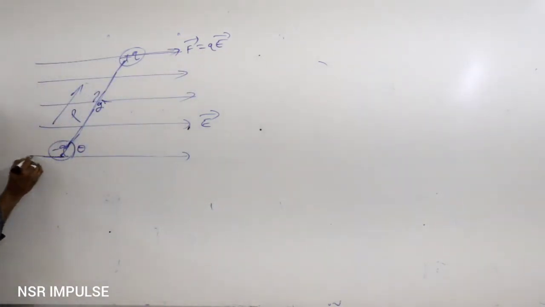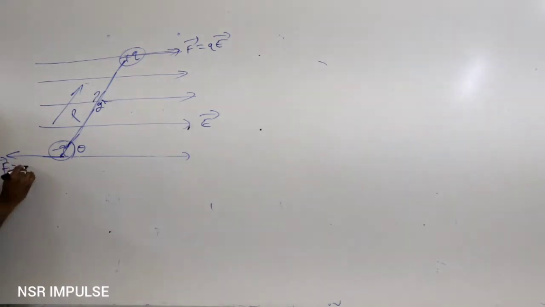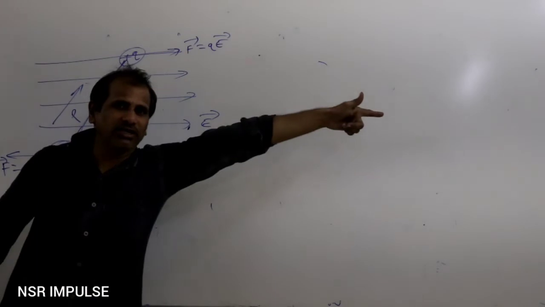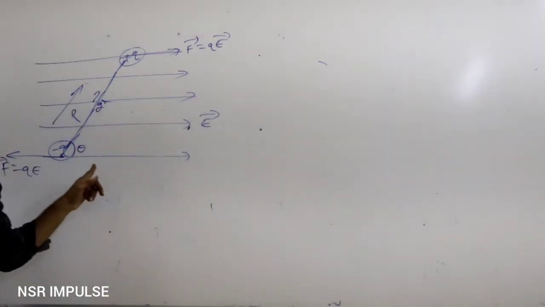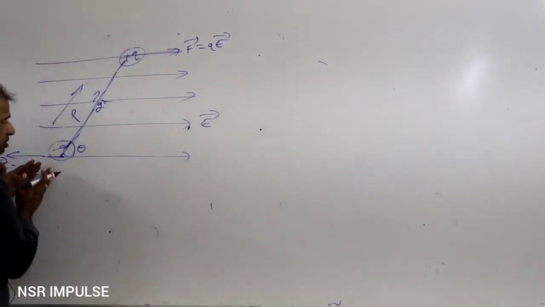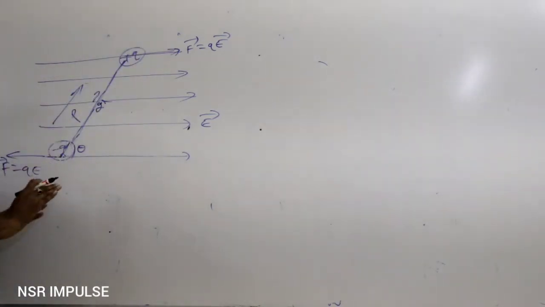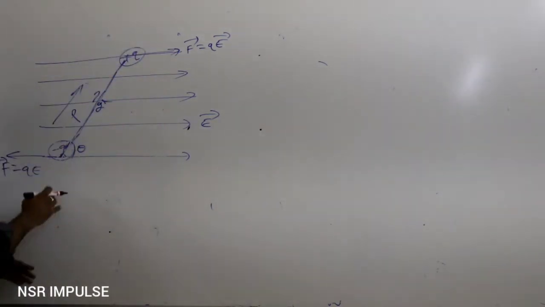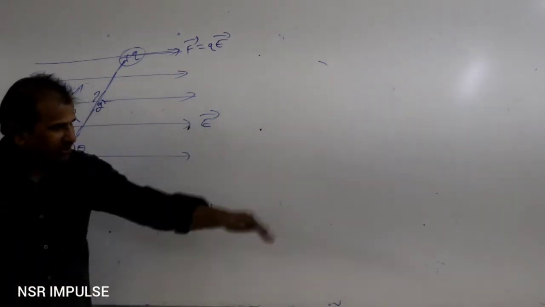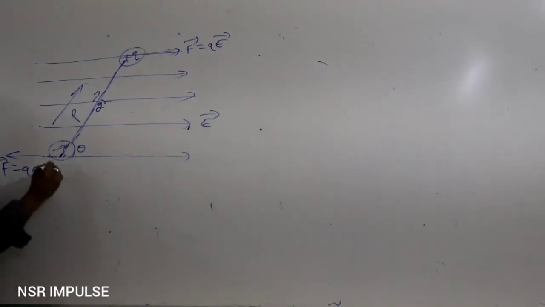The negative charge will also experience a force F equal to QE. The positive charge will get accelerated in the direction of the electric field, and the negative charge in the opposite direction. For the dipole system, two forces are acting in opposite directions. That's why they will form the couple.